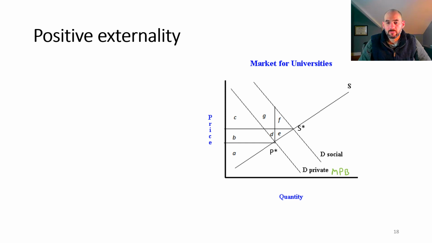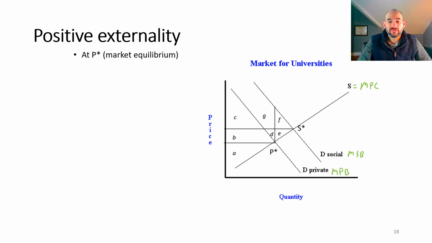We have a marginal social benefit that's going to be illustrated by the second demand curve, and that we have a supply of education, which is capturing the marginal private cost to the colleges and universities for educating students.